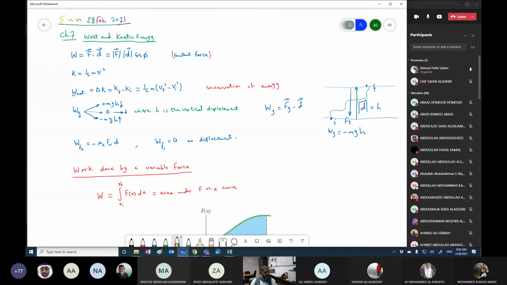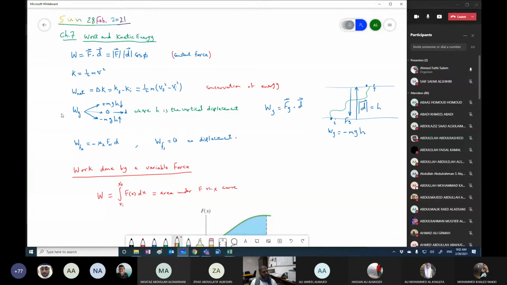Whatever work is gained by an object will result in a change in its kinetic energy. So delta K is kinetic energy final minus kinetic energy initial, which equals 1/2 m (v final squared minus v initial squared).